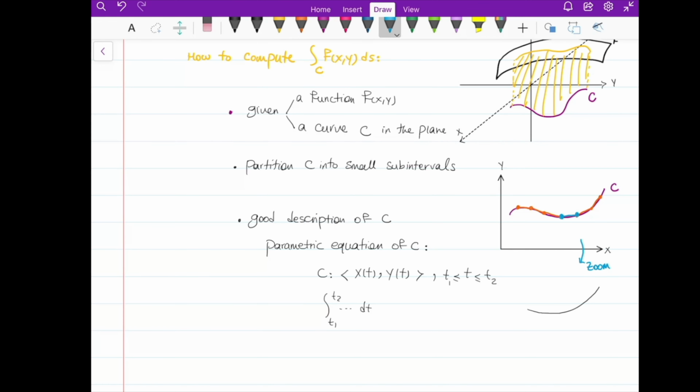This is part of the curve C, and this is just this part. The first point would be, for example, x of ti, y of ti, and this point would be x of ti plus 1, y of ti plus 1.